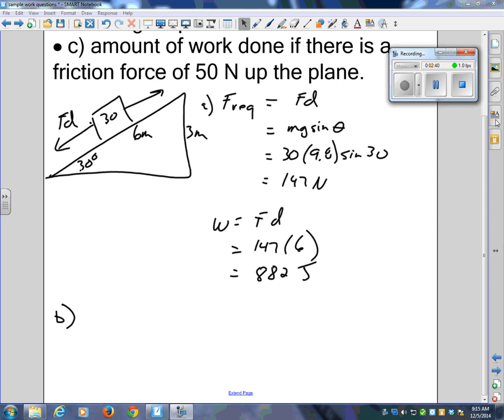Say it again? Yeah, we have to work to overcome gravity, right? So gravity is weight force mg, 30, 9.8. 294.